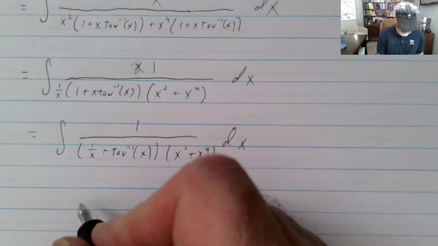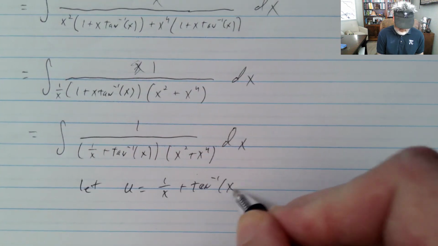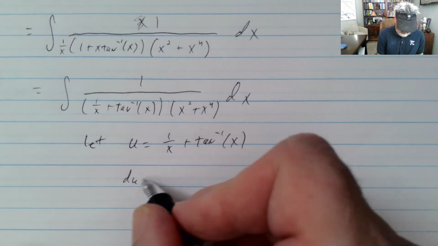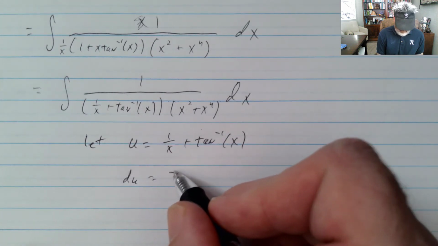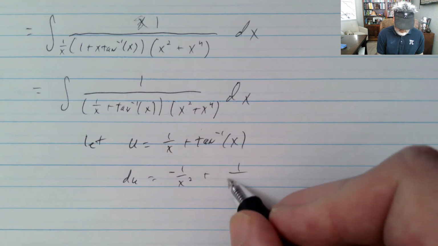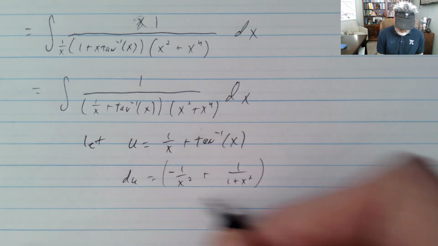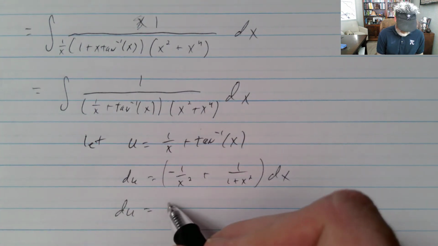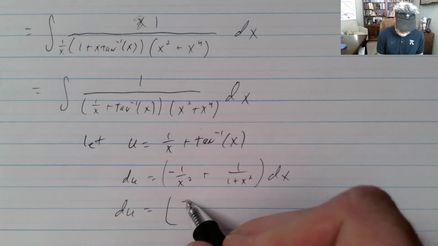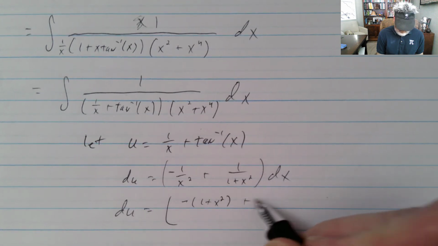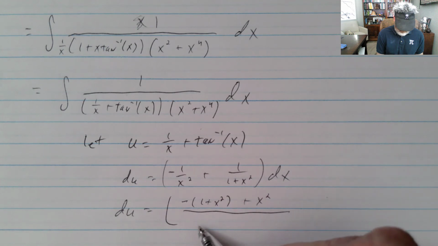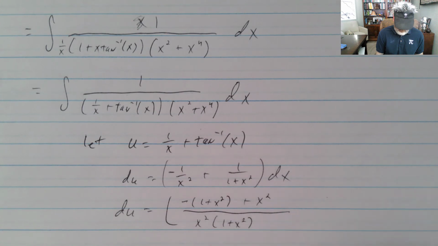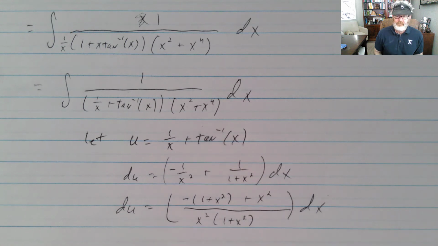So this will be the u, and we'll just have to see how it works. du will be negative 1 over x squared plus 1 over 1 plus x squared dx, which is, if you get your common denominator, negative 1 plus x squared plus x squared all over x squared times 1 plus x squared, which is what I have right there in the denominator.